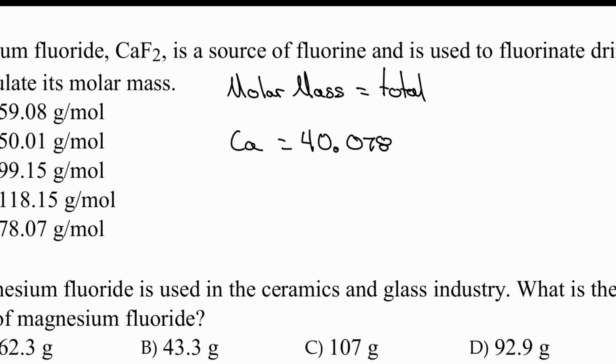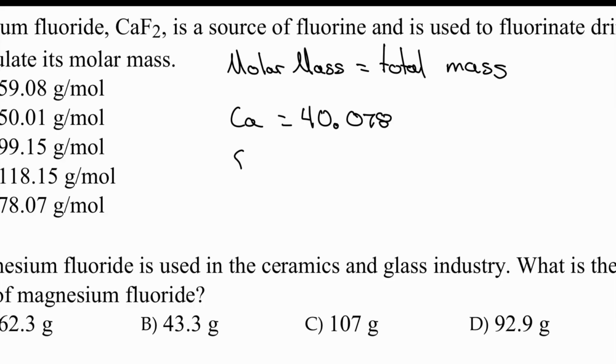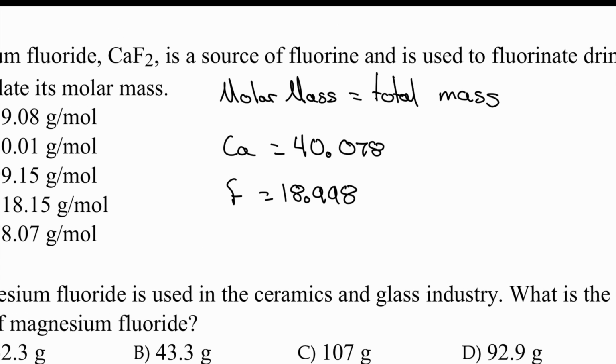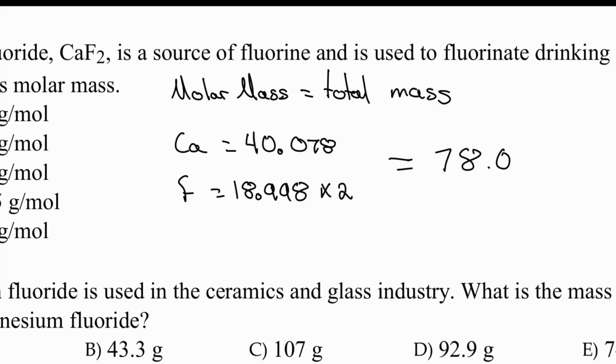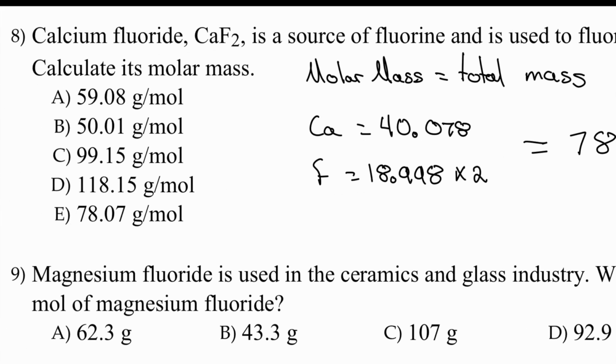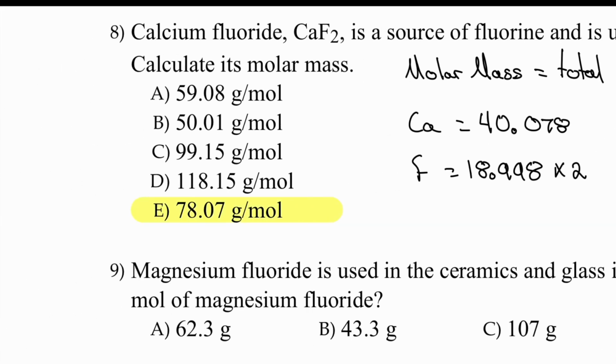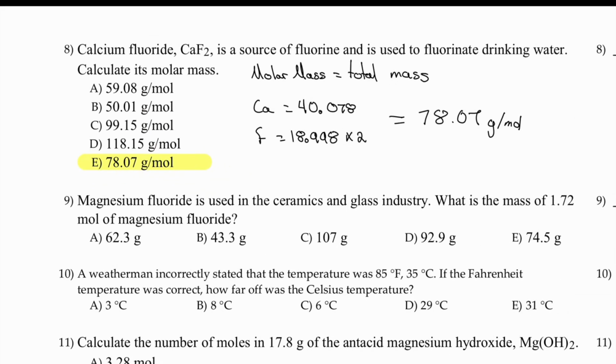Now we have fluorine here. Right now all I'm doing is using the periodic table. We have 2 fluorines, so we have to remember to eventually have 2 of the 18s. In total, this is going to equal 78.07 grams per mole. Another simple question.